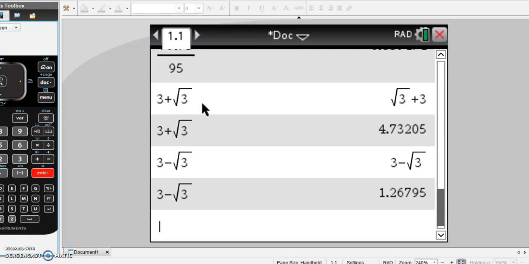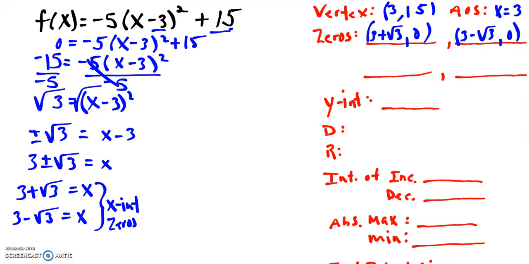There we go. So 4.73 and 1.27. We'll round to the nearest hundredth. So let's go back here and let's come up with those approximations. So we have 4.73. That's going to help us when we actually go to graph. And 1.27. All right, so those are our zeros. These are exact. These are approximate.